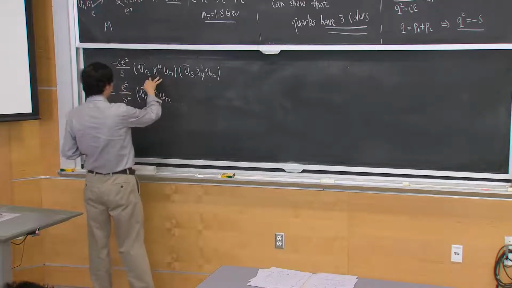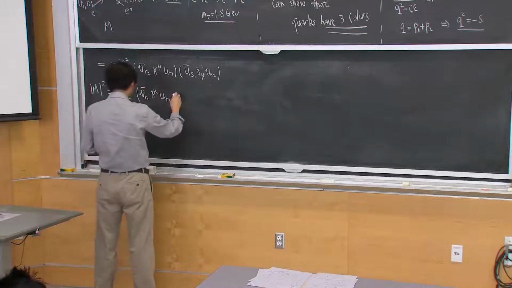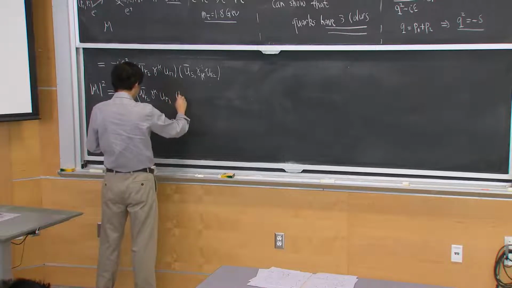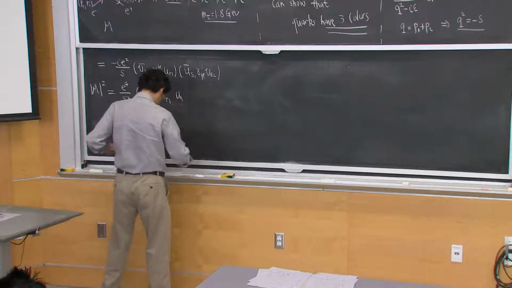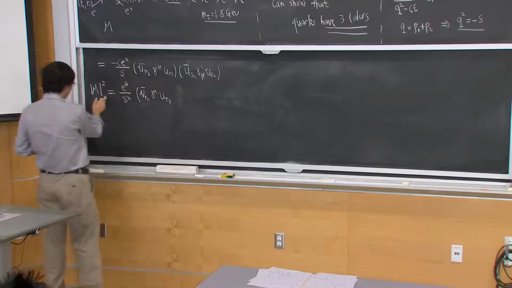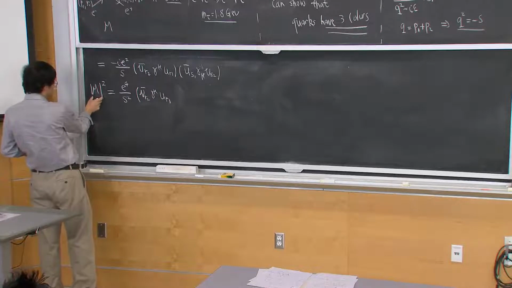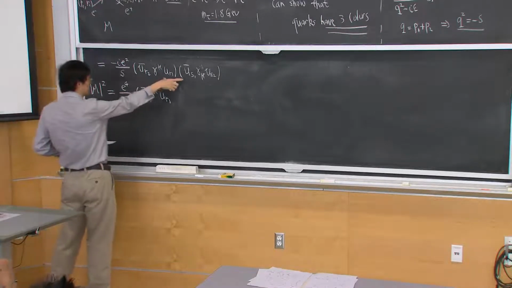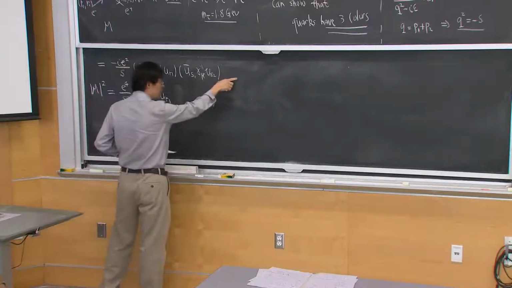When we square it, we get another copy of this. Sorry, we take the complex conjugate. We need to take the modulus, which means we multiply this with its own complex conjugate.